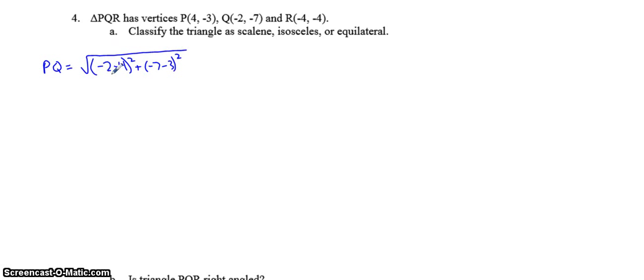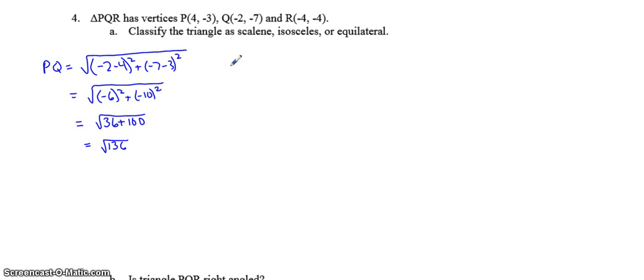It's the square root of x2 minus x1 squared plus y2 minus y1 squared. And again, you can leave it as a square root. So that's one length. I'm going to find the next length, which is QR.